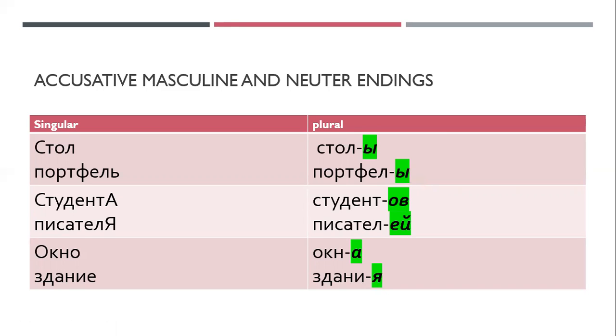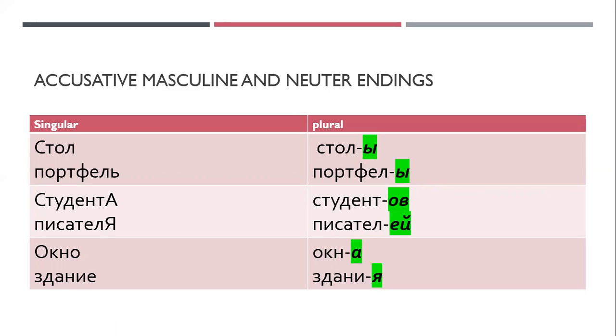For student, in the accusative, because it's animate, it becomes студента. And in plural, because it's a living person, it becomes студентов. And it's the same case with writer, писатель, which becomes in the accusative singular писателя.